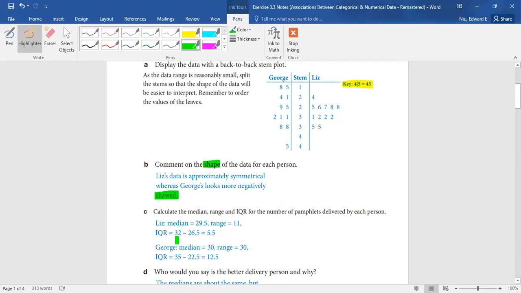Your IQR is the median of the top half take away the median of the bottom half. Once you've got your split here, you've got 31, 32, 31, 32, 32, 32, 35, 35 as your numbers in the top half. If you count to the middle, you've got 1, 2, 1, 2. It'll be a split right between the two 32s.